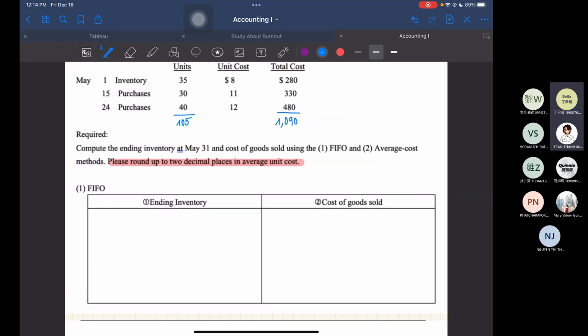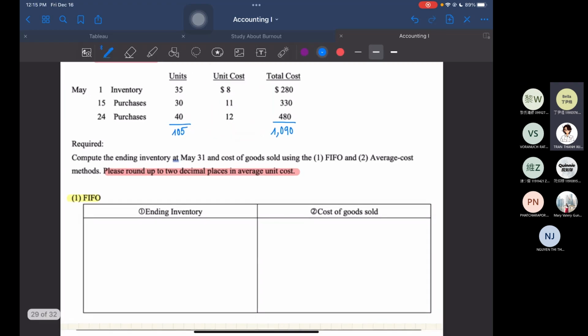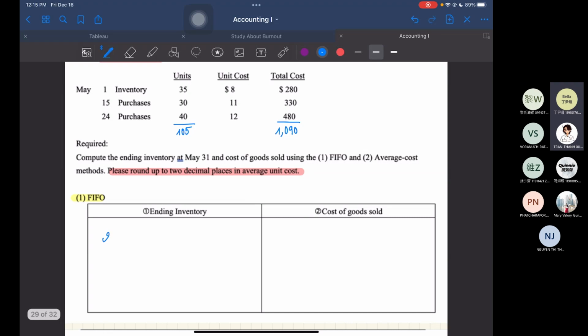Yes. So here it says apply FIFO in ending inventory. Which cost are you going to use? Pay attention to the unit cost. So I have 25 items.